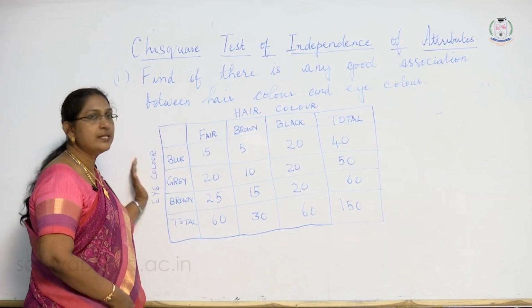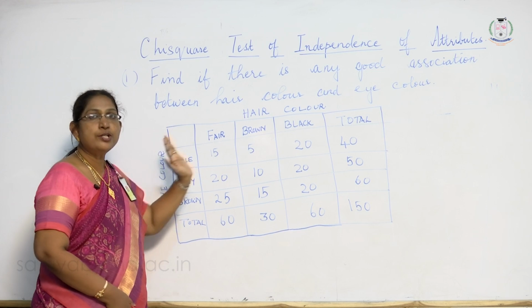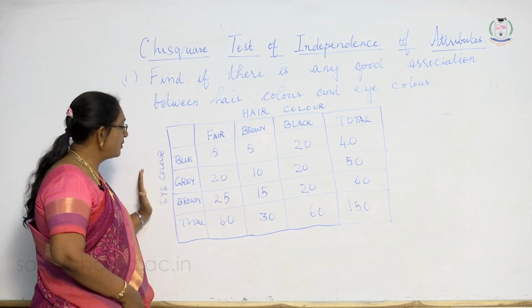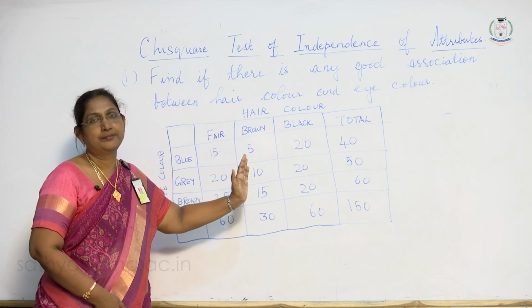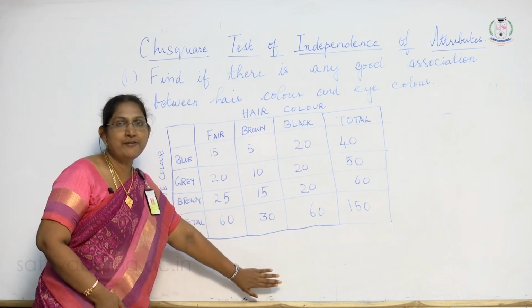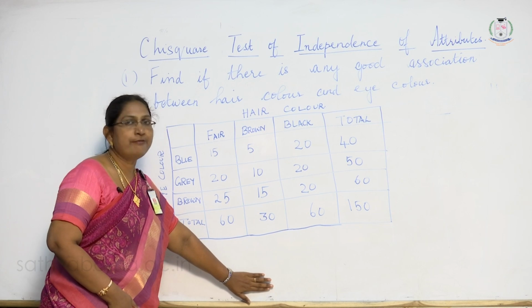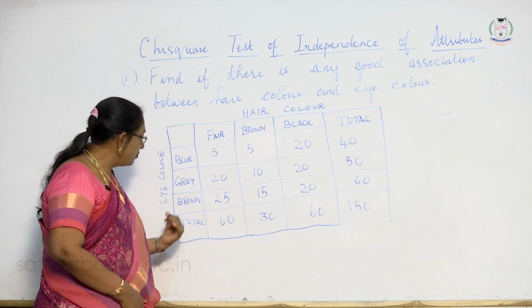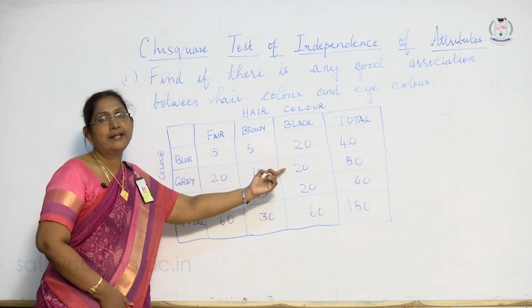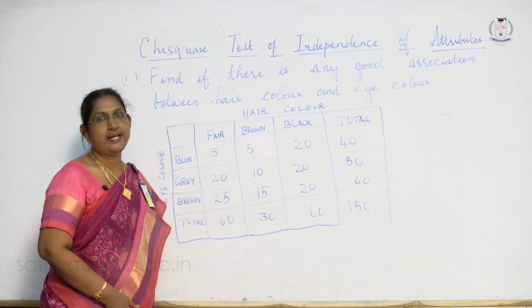This is the problem that is given to us. We have got two attributes, one attribute is eye color and the next attribute is hair color. And this is the data that is given for us, and we are going to find out if there is any good association between eye color and hair color using chi-square test.